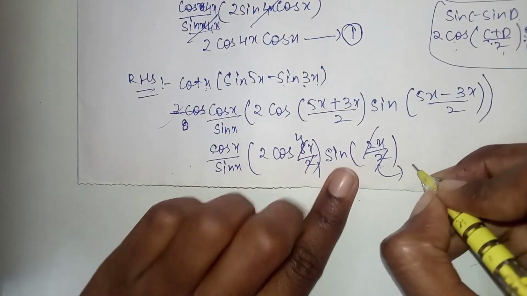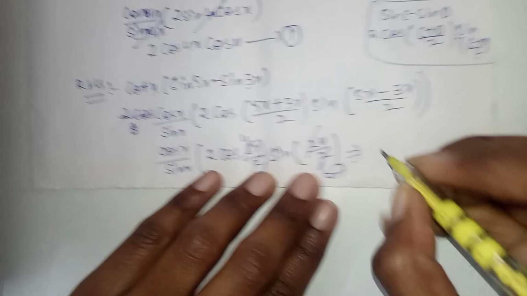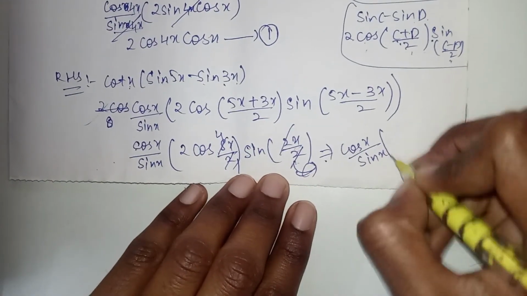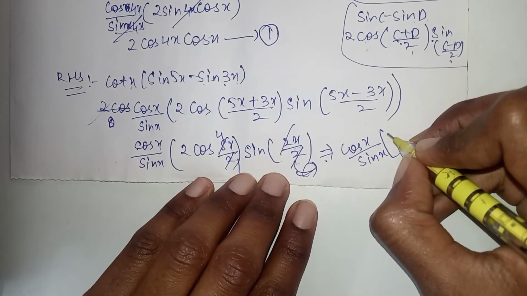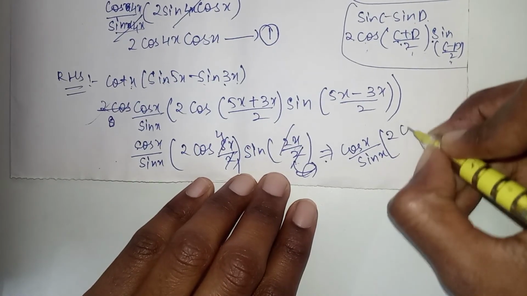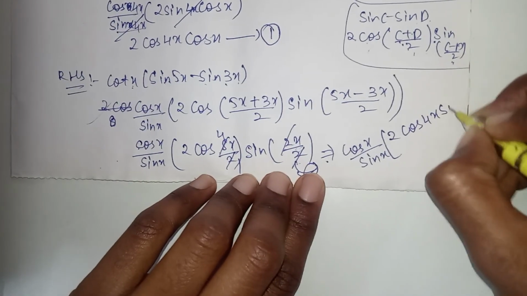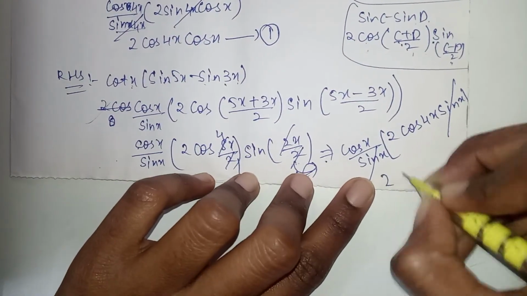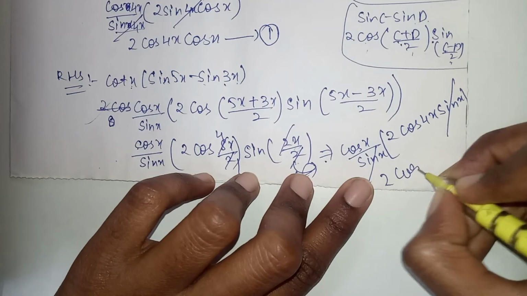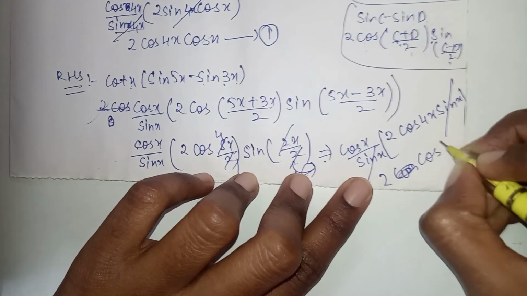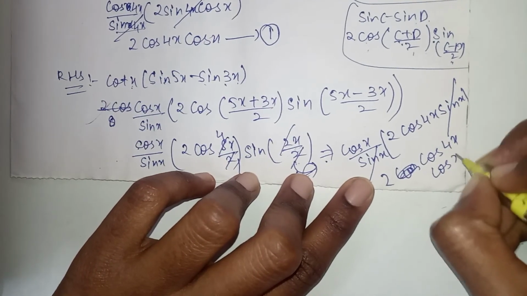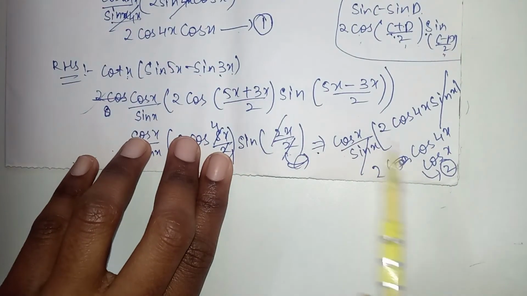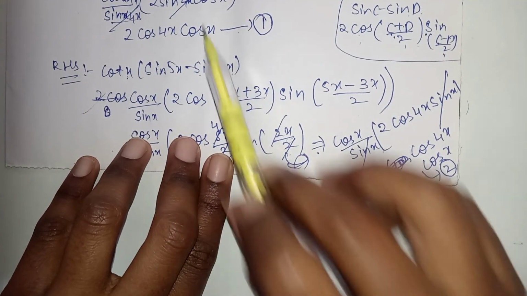So what we get, I'm writing here only: cos x by sin x, 2 cos 4x sin x. So sin x, the same, gets cancelled. So 2 cos 4x cos x. This is the second equation. As you can see, the first equation and the second equation are same. So the question is completed.